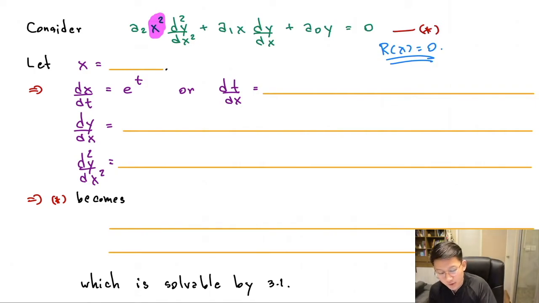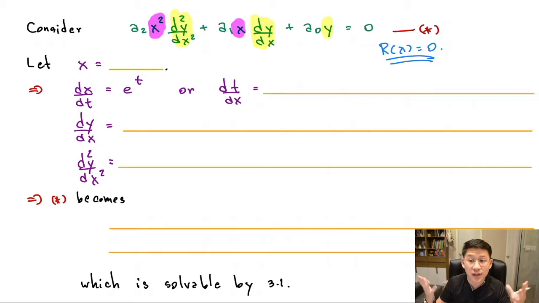Here it's Cauchy-Euler because we have x squared followed by the second derivative, x followed by the first derivative, and y with no x, which is x to the 0. It's the zeroth derivative, which is no derivative.